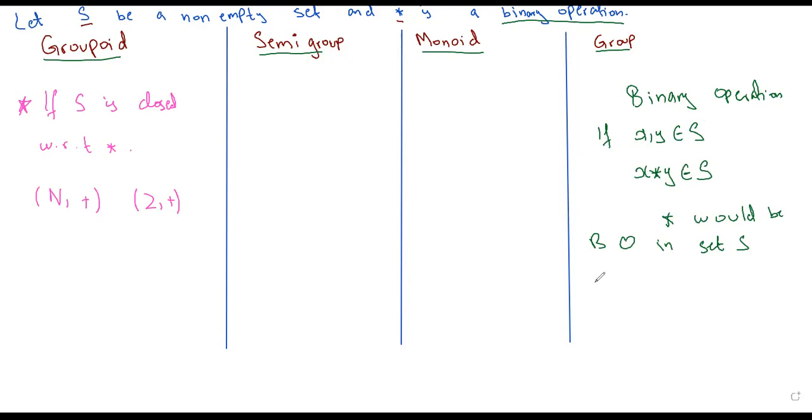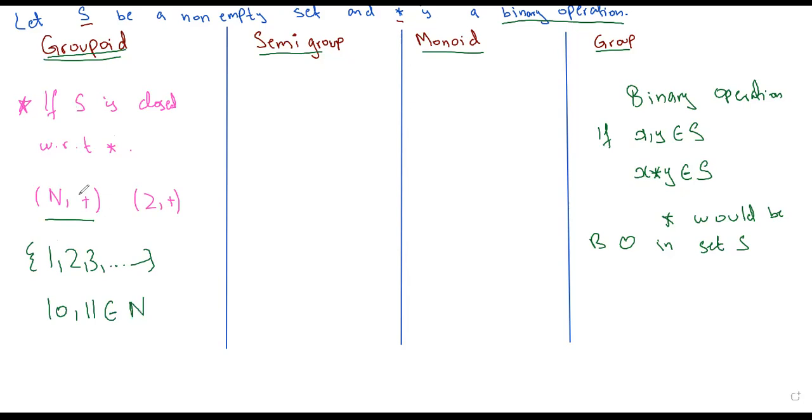Yes, ma'am. Okay. And now when we talk about groupoid, specifically we are saying if set is closed with respect to static, it is the same thing. Again, we're talking about the set of natural numbers. In natural numbers, we have 1, 2, 3, and so on. We have all the positive whole numbers. And we need to see if I pick up any two positive whole numbers, let's say I pick up 10 and 11 belonging to the set n.